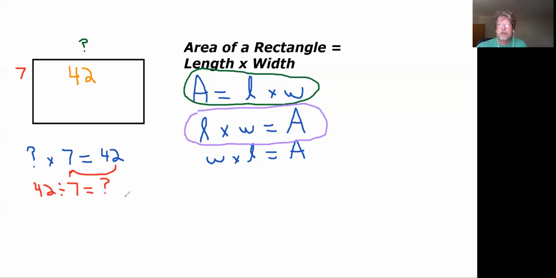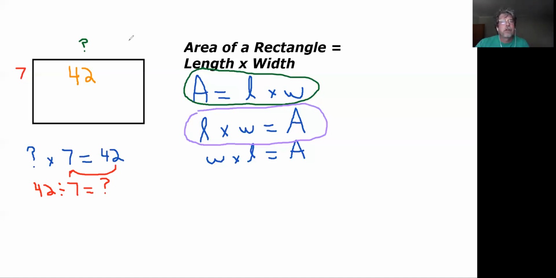So we can see this problem either as a multiplication problem or as a division problem, depending on how you do it. Now, if I had a calculator and I wanted to cut to the chase, if I just typed in 42 divided by 7, we would be done with the problem.